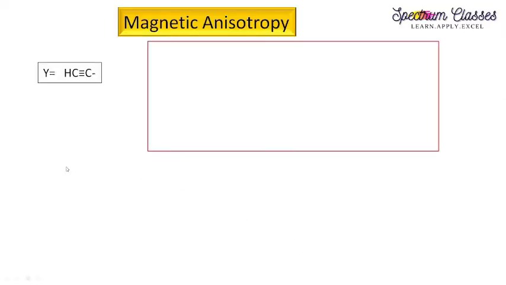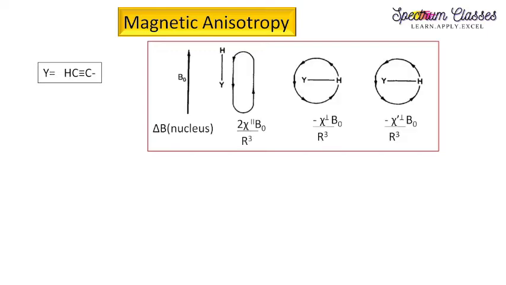Suppose we have a molecule, as I told you earlier, where H-C triple bond C is the Y part of the molecule. If we place this molecule along the applied external magnetic field B naught, arbitrarily chosen along the z axis, under conditions of rapid tumbling we can have three different ways to arrange it in the field.